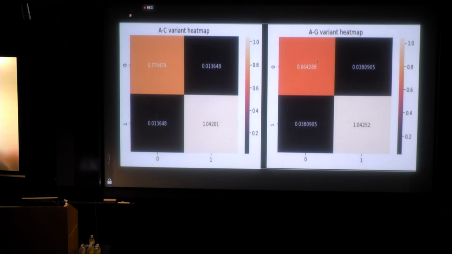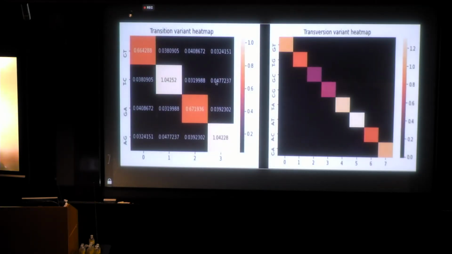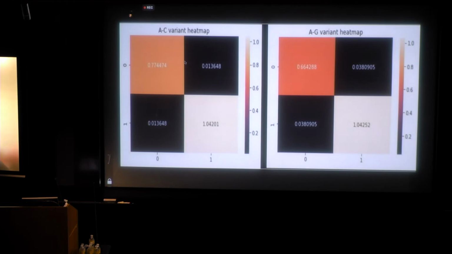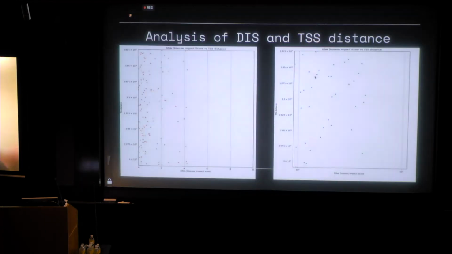I included this to show it in a much lesser form, because I can see it might be a lot to look at. So this is just an AC variant map. We have AC and CA, and then AG and GA, and it follows the same pattern.